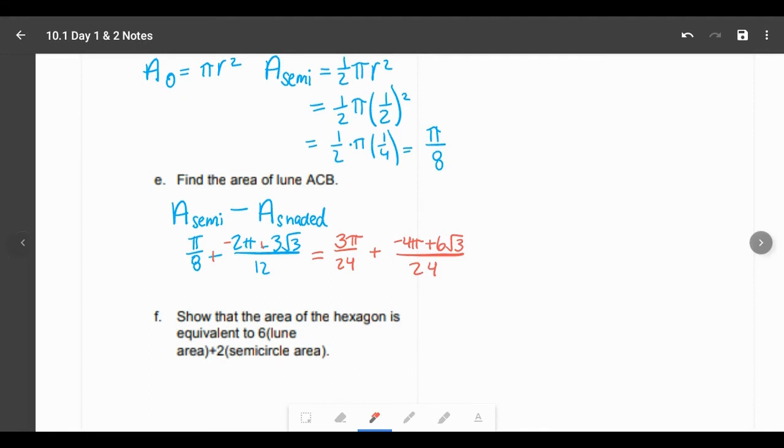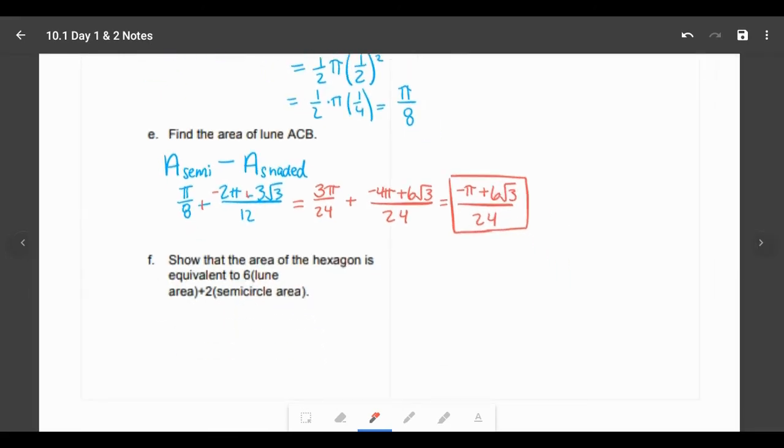And then the last thing to simplify there will be that 3 pi plus that negative 4 pi is going to be negative pi plus 6 root 3 all over 24. And that is our area of our lune.